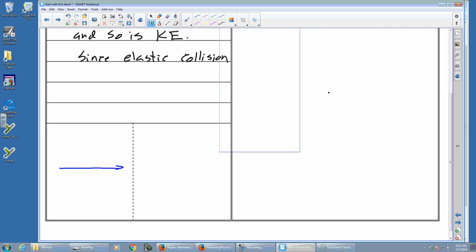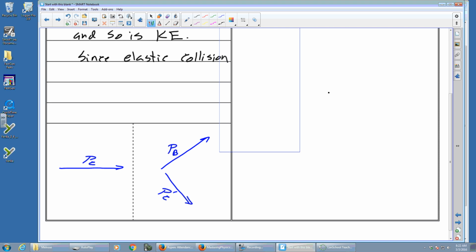In the vector diagram, you would have the momentum of the cue ball before, the momentum of the black ball in that direction, and I'm going to guess that the momentum of the cue ball afterwards is somewhere in that direction.